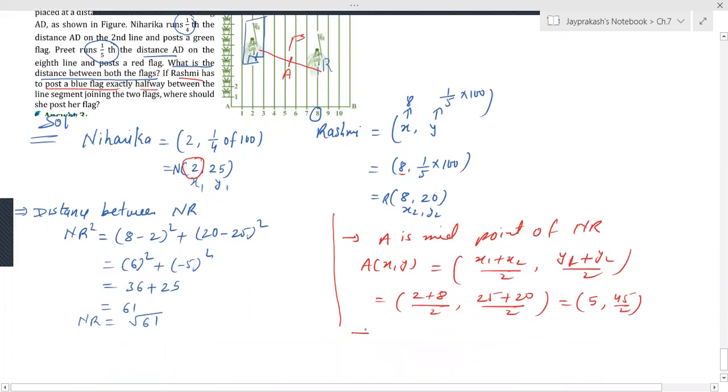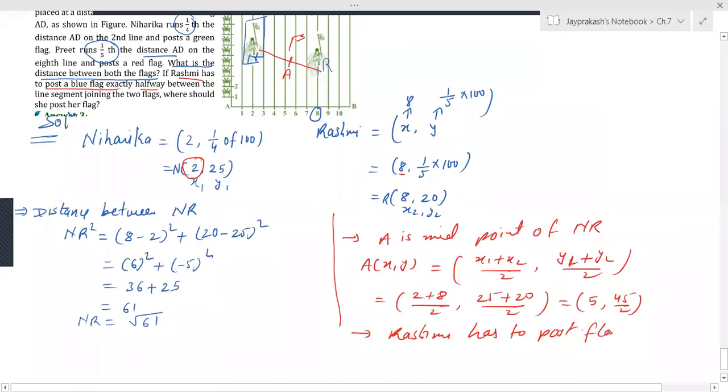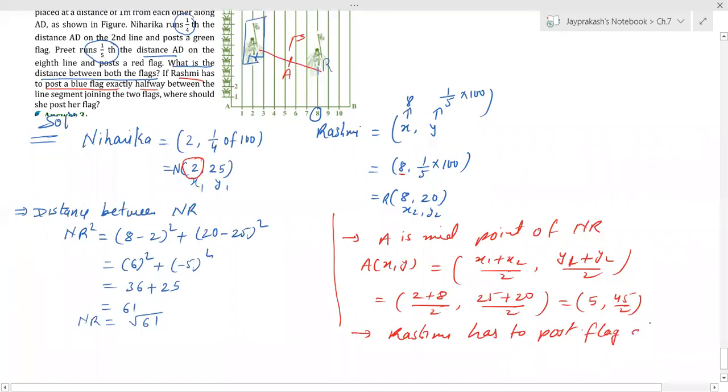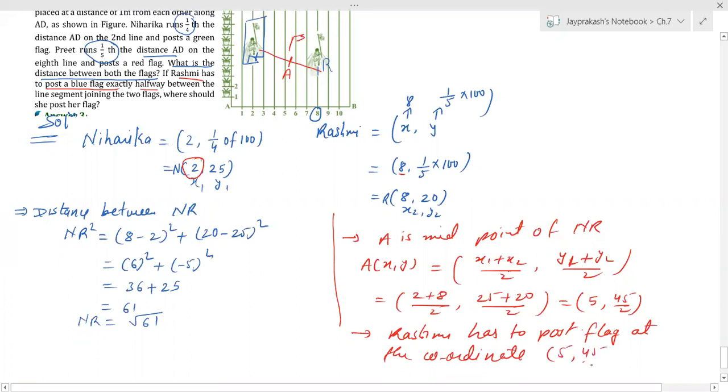So we will write here Rasmi has to post flag at the coordinate 5 comma 45 by 2.